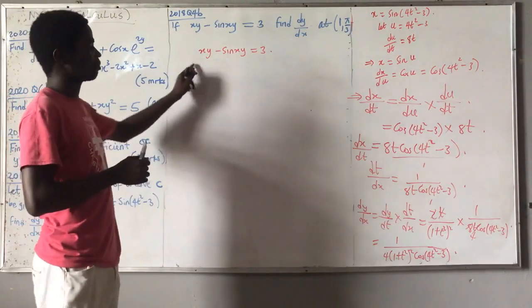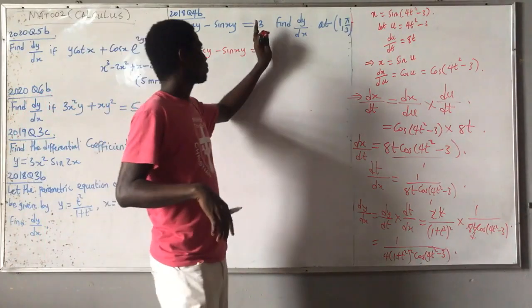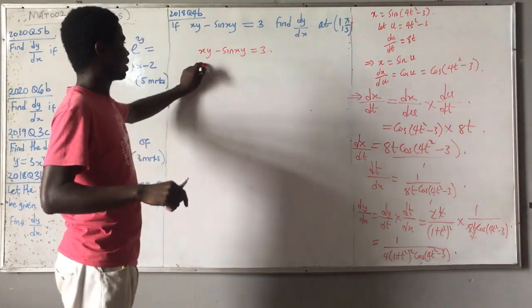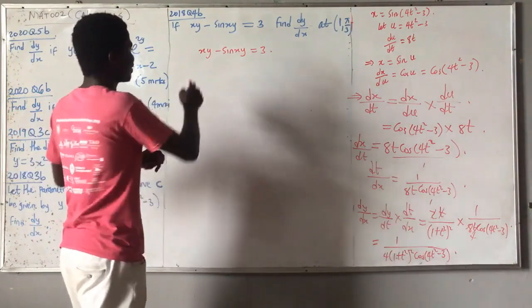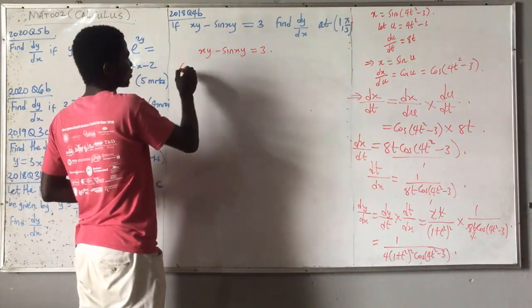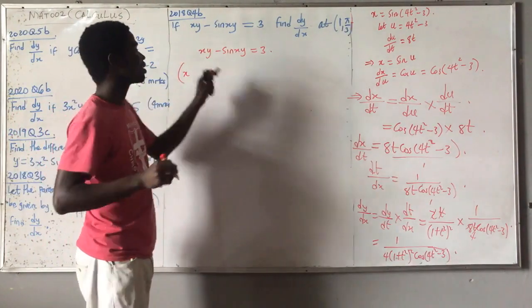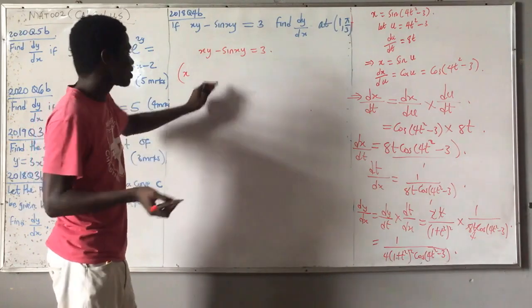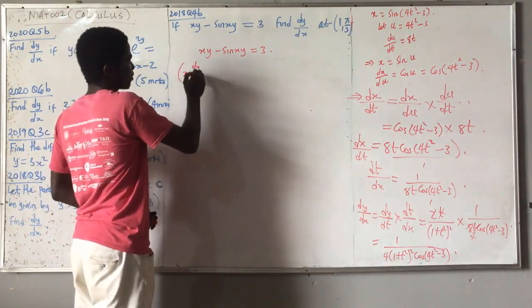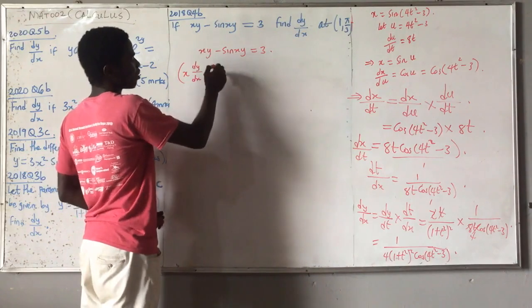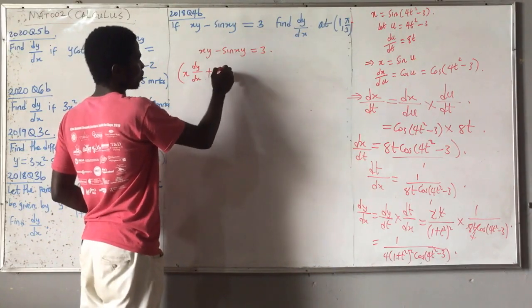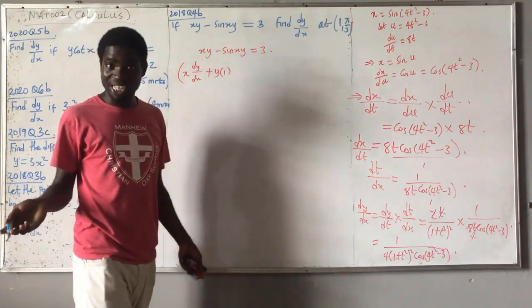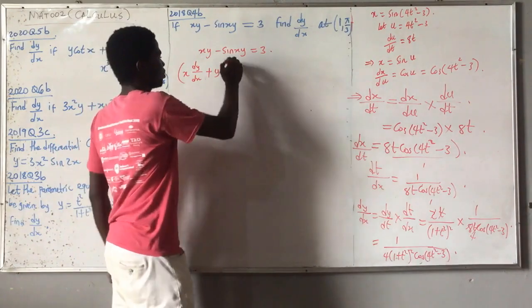Don't forget implicit differentiation. Take the first one, x, and differentiate the second one, y, which gives dy/dx. Plus, take the second one, y, and differentiate the first one: if you differentiate x, the answer is 1. I'm done with that one.